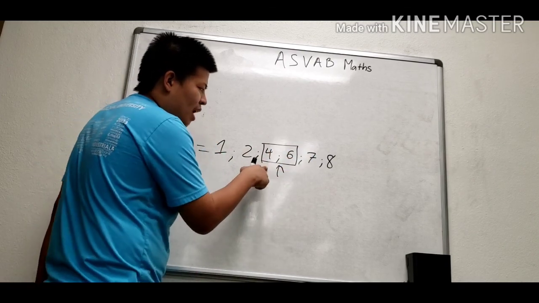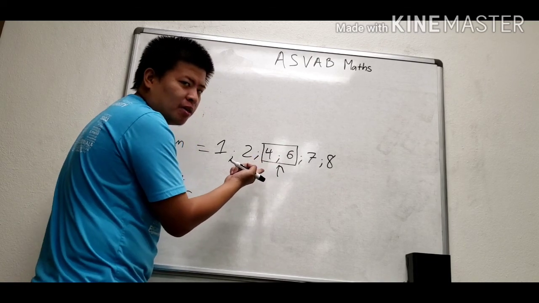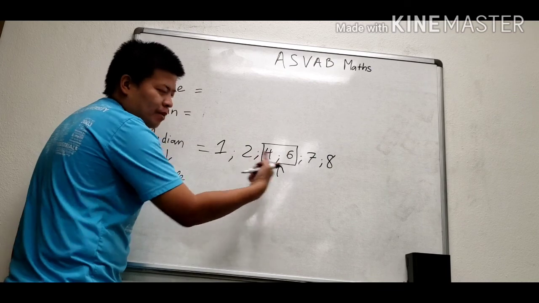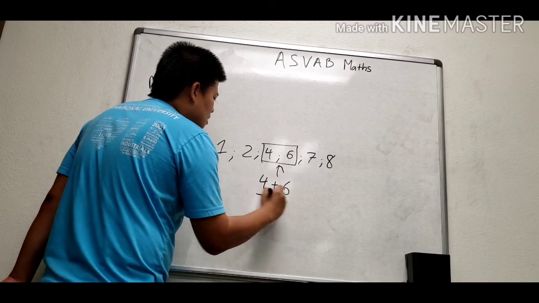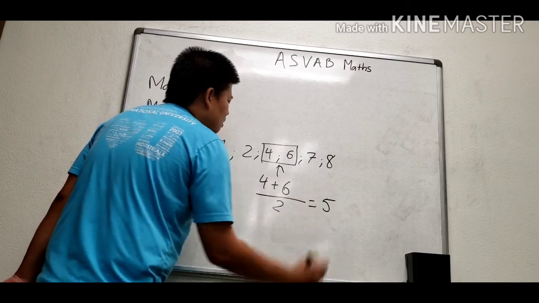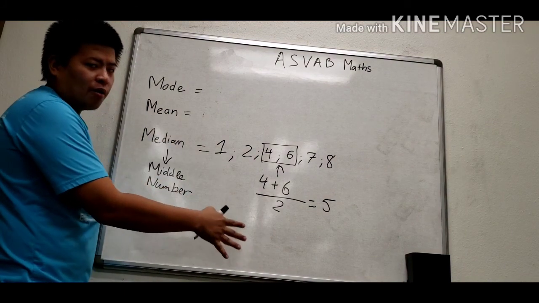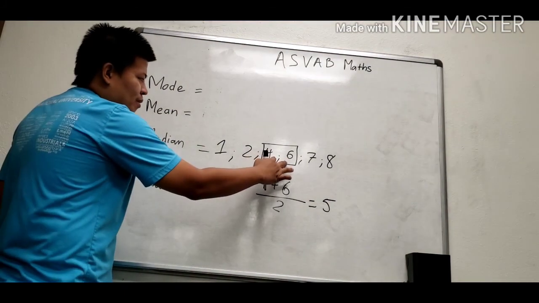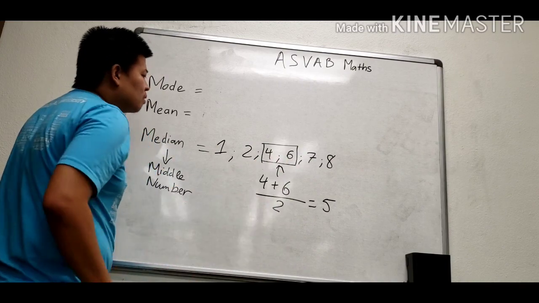We have 4 plus 6 divided by 2, equal to 5. So we can say the median here is 5, because we use the 2 nearest numbers in the middle and divide by 2.